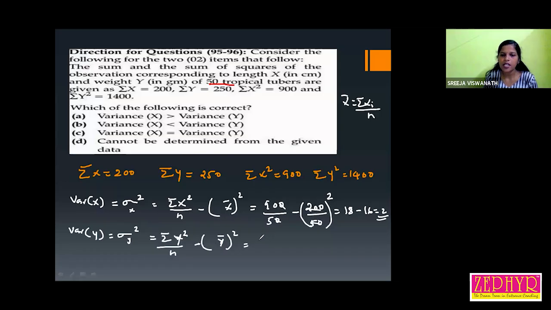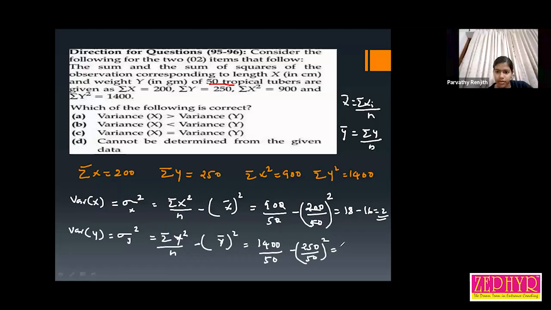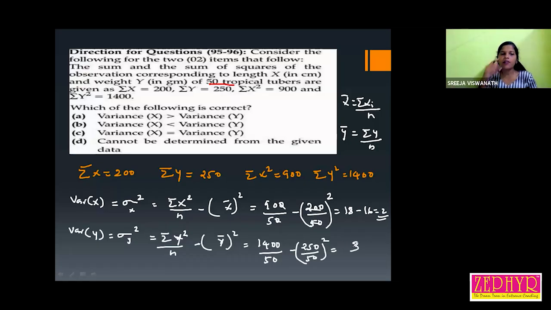Sigma y square is 1400 divided by 50 minus y bar. Y bar can be obtained as sigma y divided by n. Sigma y is 250, divided by 50, the whole square. What do we get? 3. While solving the equation, variance of y is equal to 3.